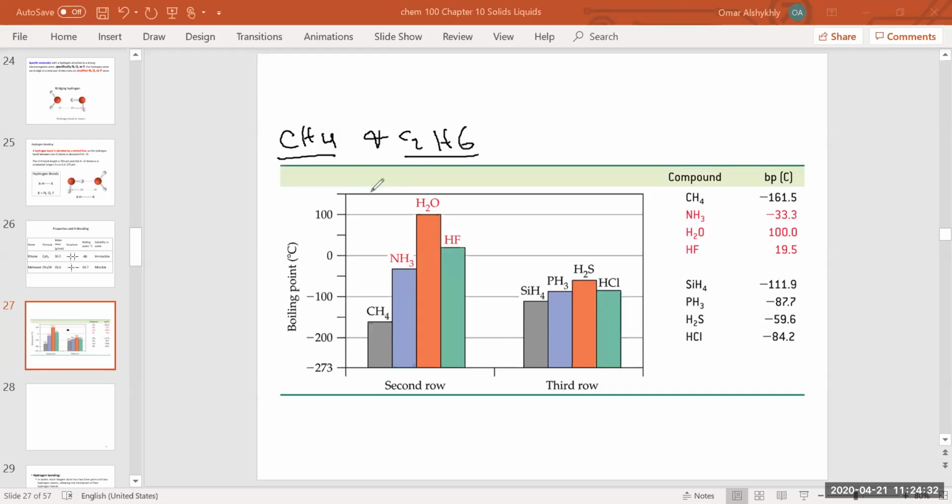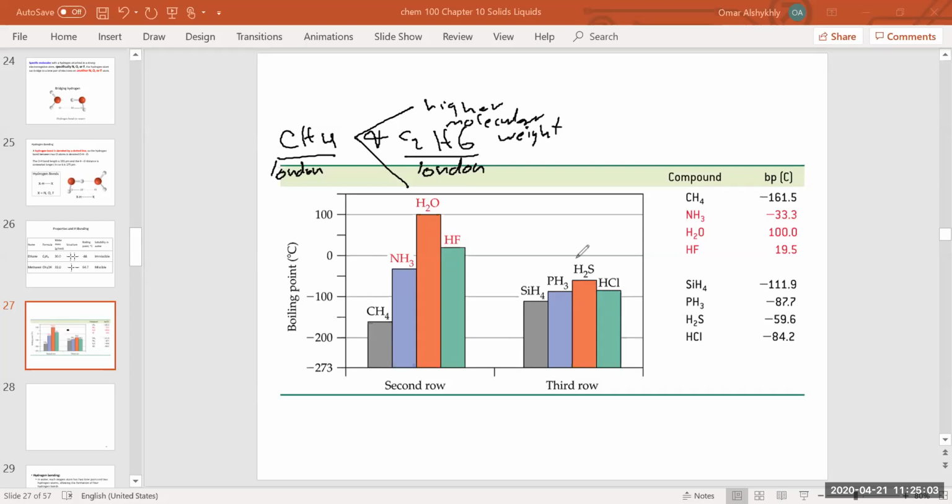Which one has the higher boiling point? CH4 just has London dispersion forces. C2H6 also has no polarity and no hydrogen bond, so it will have only London dispersion forces. Which one is higher? It is the one with the higher molecular weight.